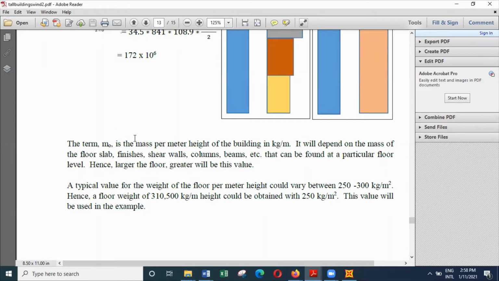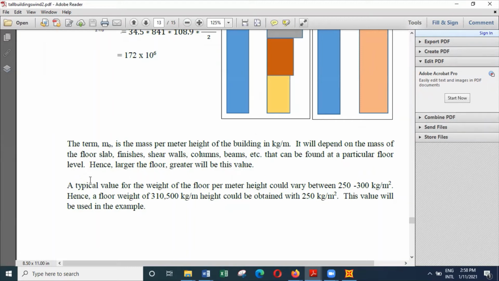So what we generally do is calculate the total weight of the building, and then the total weight of the building per floor, and that includes the weight of the shear walls as well. And then we divide it by the floor to floor height.